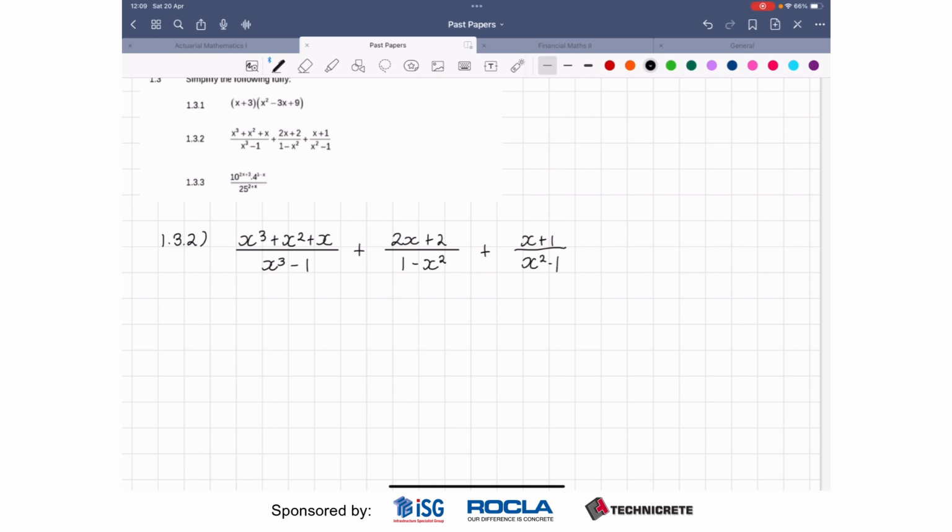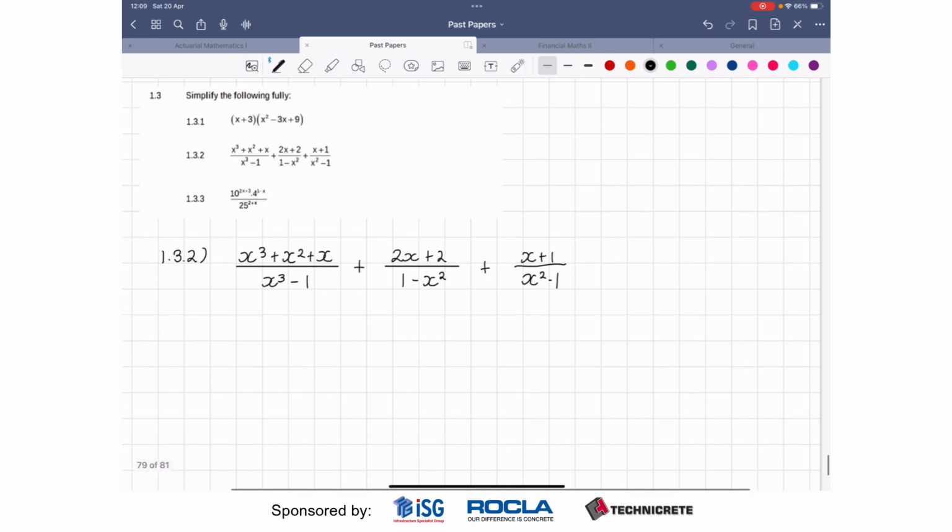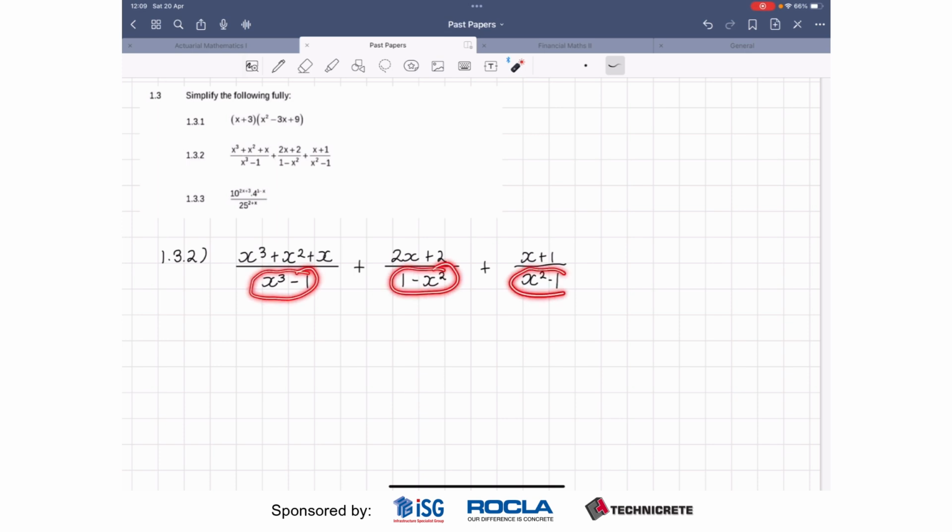So since I'm being asked to simplify these expressions, I know that I want to get all of these fractions into one fraction by having a common denominator. Then I'm going to be able to add and subtract my numerators normally. So the first thing I want to do is factorize all of these denominators so that I can see how I can make them into a common denominator.